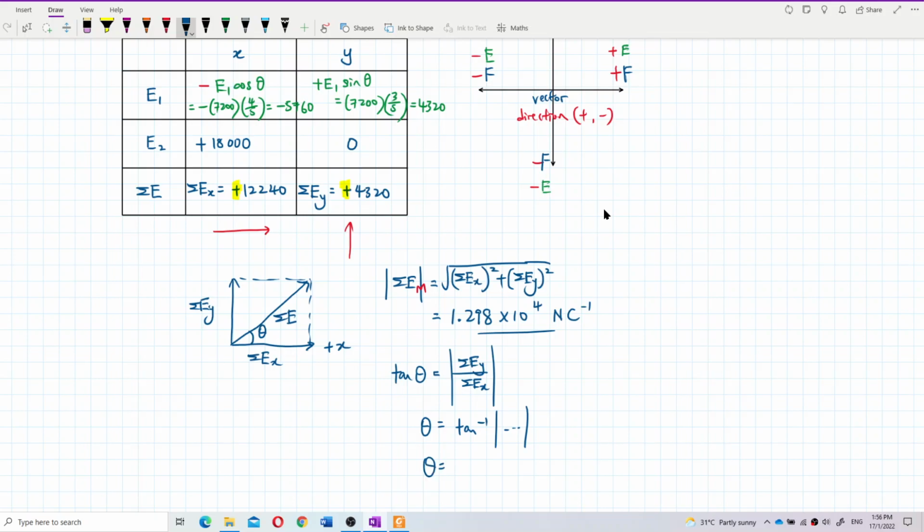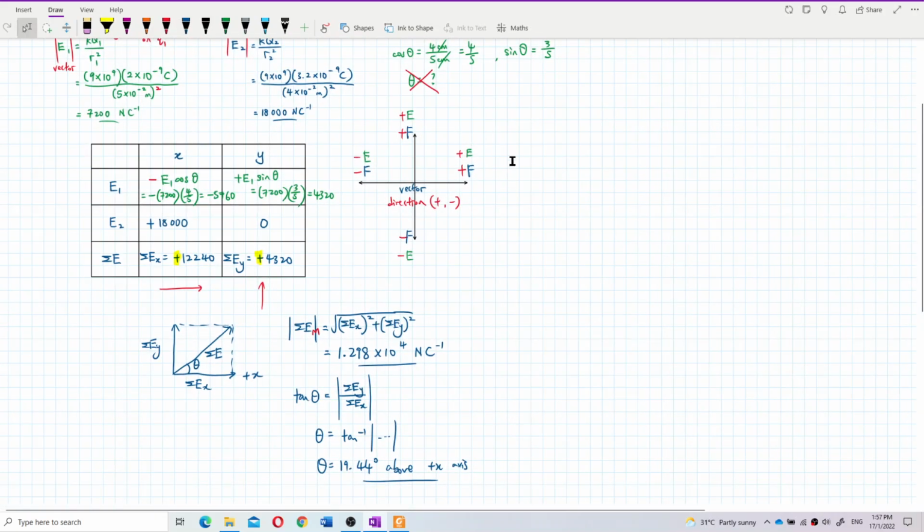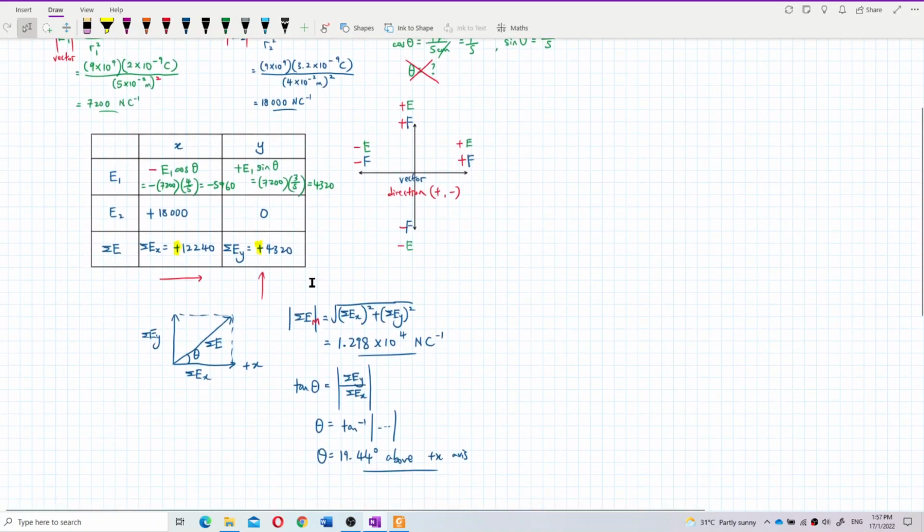Let me calculate: 4320 divided by 12,240, then inverse tangent, and it is 19.44 degrees above the positive x-axis. That's the answer.